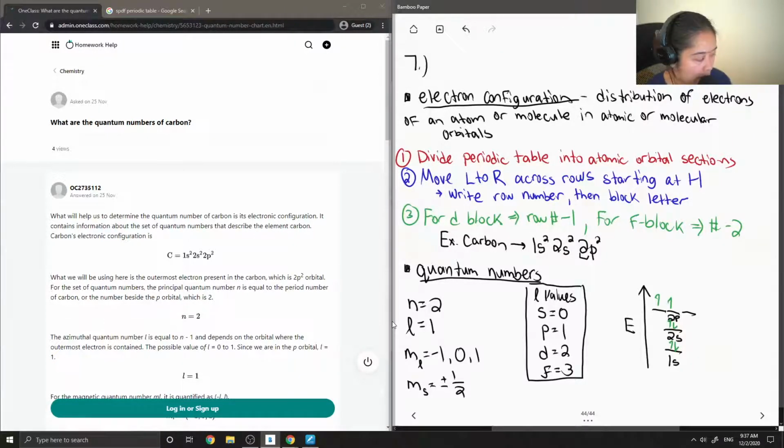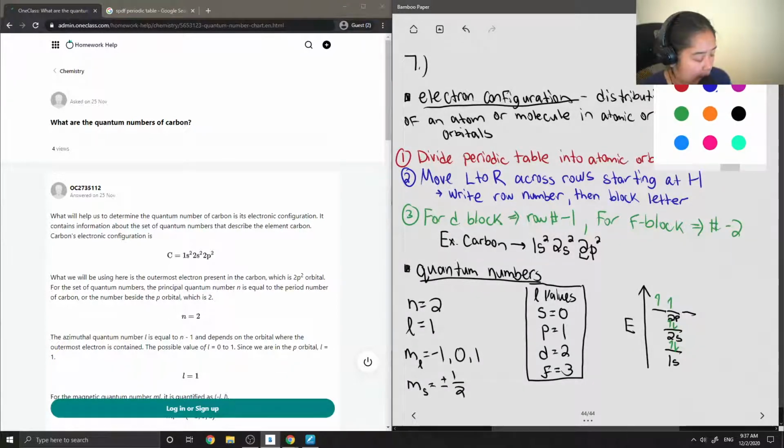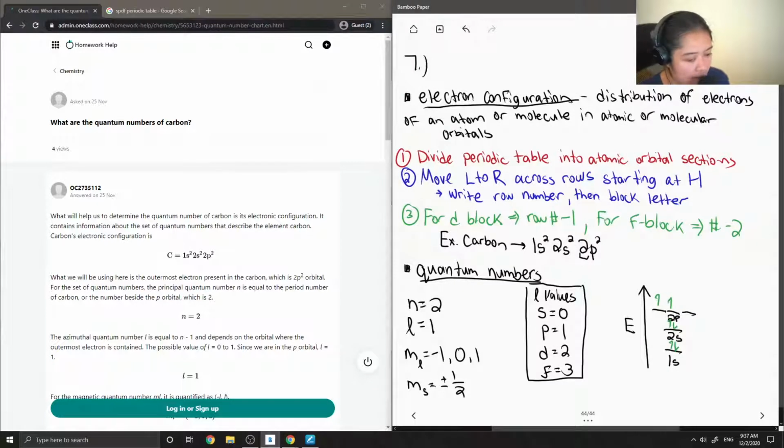So for carbon in particular, if we were to look at the last electron, then its ML value ends at 0, and the electron is spinning up, so it will be positive half.